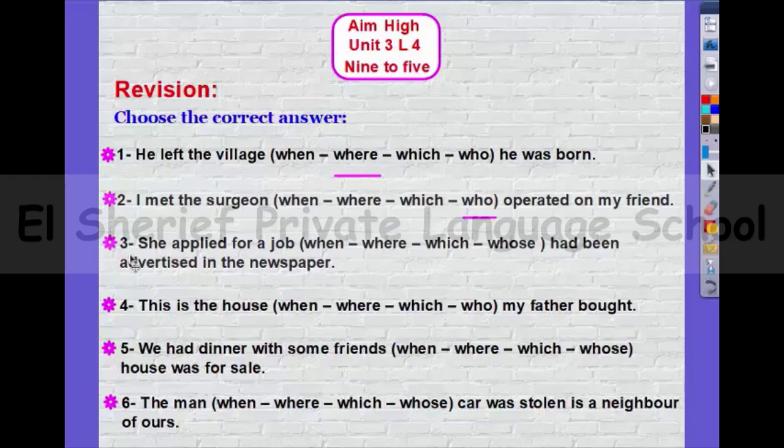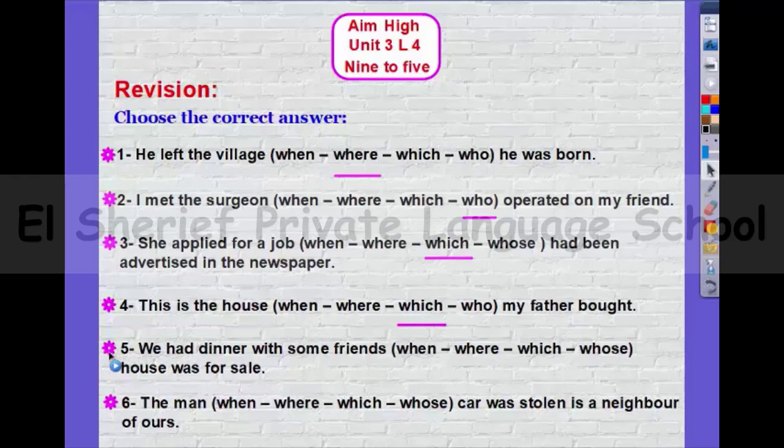Number 3. She applied for a job, had been advertised in the newspaper. So a job is a thing, an object, so we're going to use the relative pronoun which. Number 4. This is the house my father bought. Here this is a place, but we treat it like an object. So we are going to use the relative pronoun which. So this is the house which my father bought.